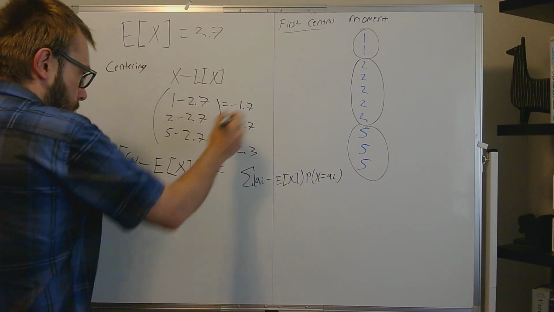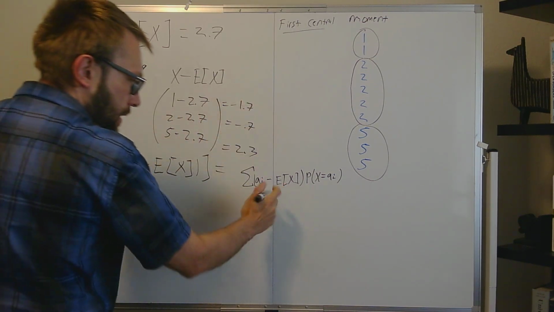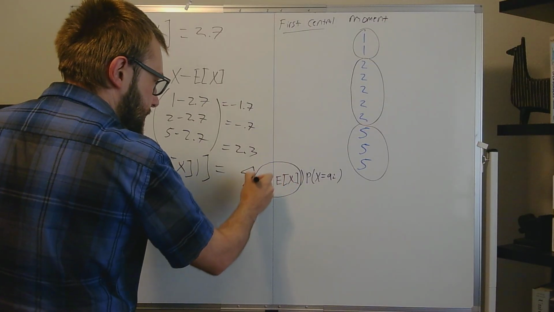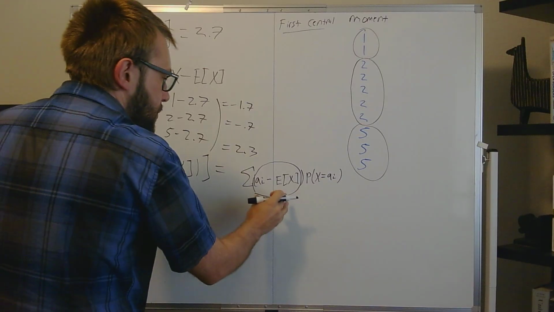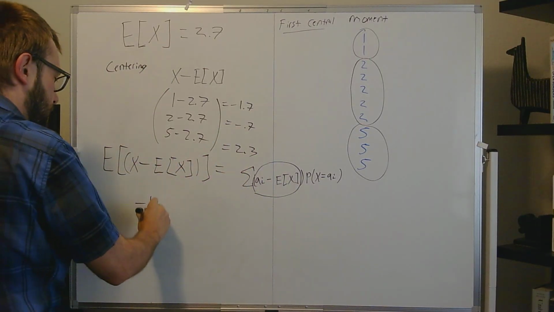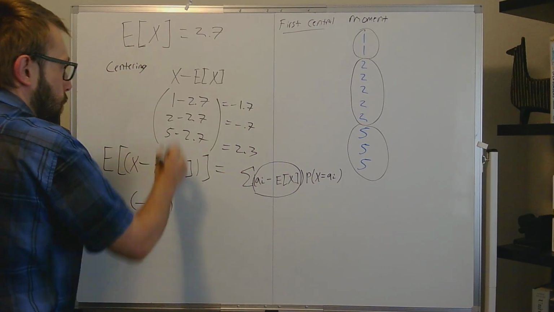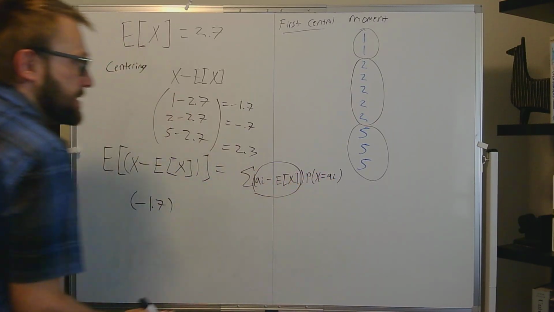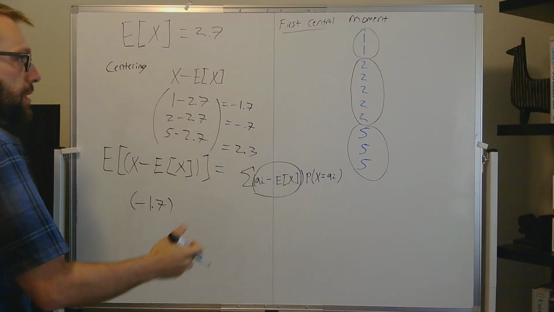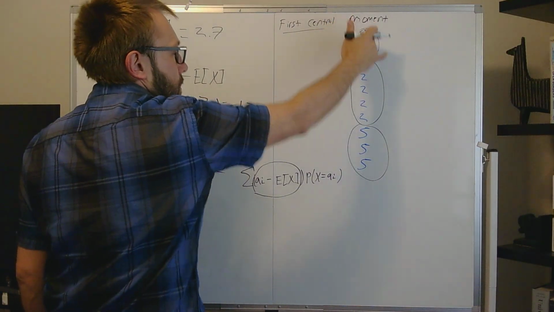So with that, we could take this. We've already calculated all of our a_i minus E[x]s in the centering portion of this. So we're going to take these values, negative 1.7, which is associated with the value of 1, that's the a_i in this instance, and then we want to multiply that by the probability of observing that 1 out of the total set.